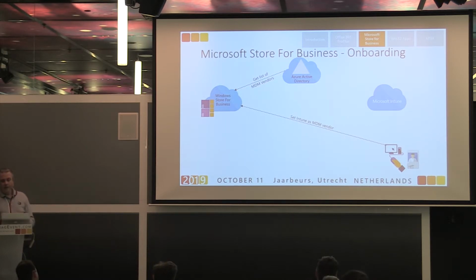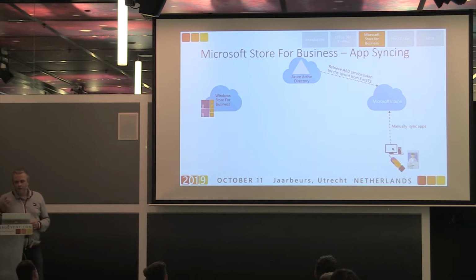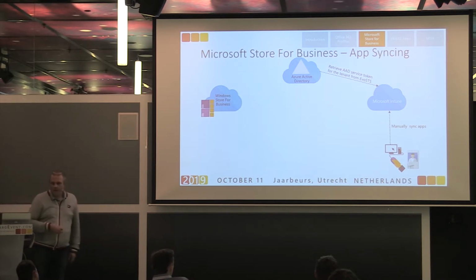We configure Intune as the MDM vendor, and then the synchronization will be set up. You can manually sync apps, and by default, this is done every 24 hours. So you can initiate it if you acquire an app and you want to have it instantly available.